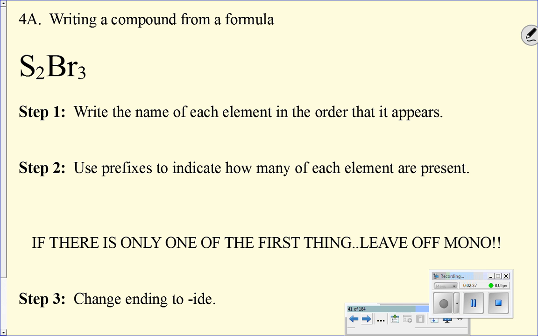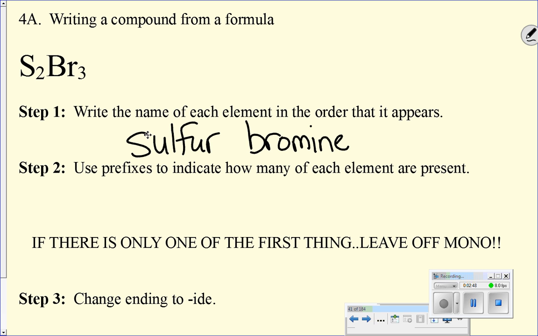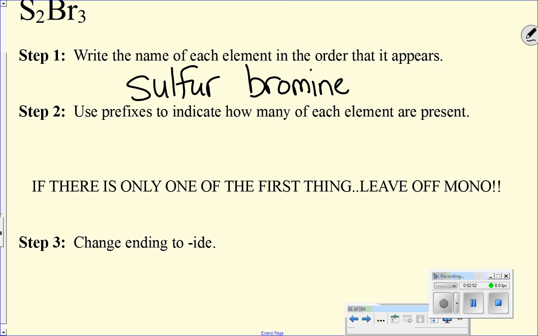S2Br3. So we have sulfur, and we do want to keep these in the order that they are written in. Start by showing this is bromine. We're going to use prefixes to show how many of each are present. We have two S's. The prefix for two is di. So this is disulfur.